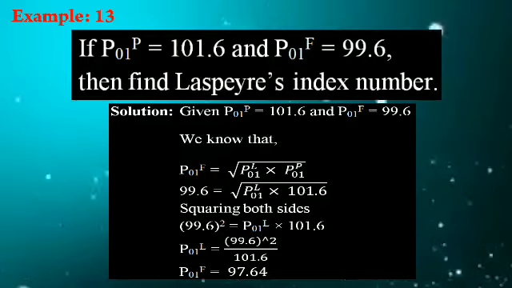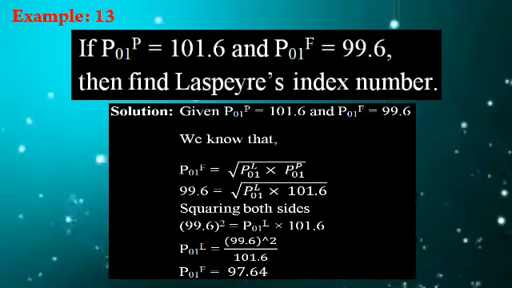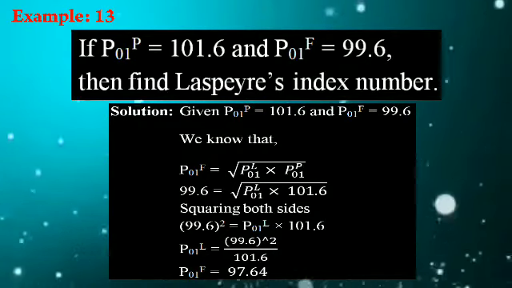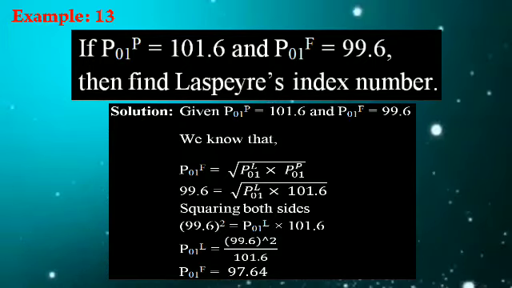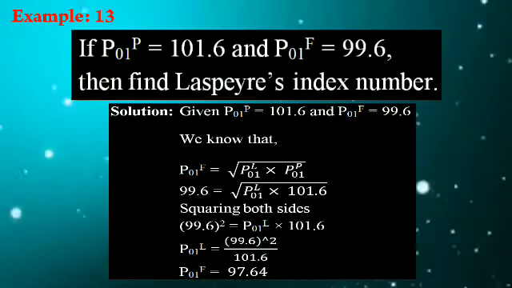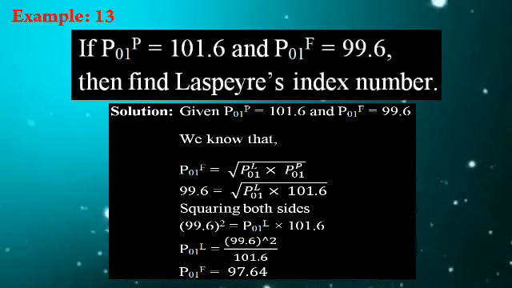Now, in order to remove the square root on the right hand side, you should square the left hand side value. So squaring on both the sides, that is 99.6 the whole square equal to P01 of L into 101.6.